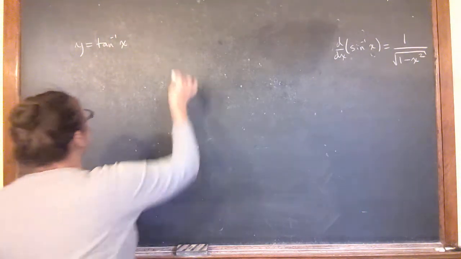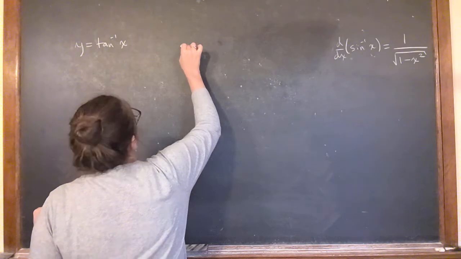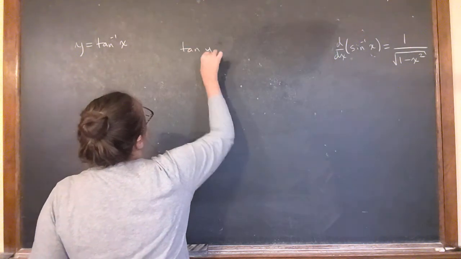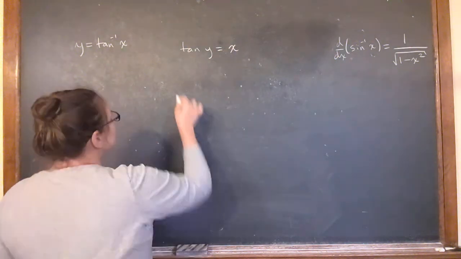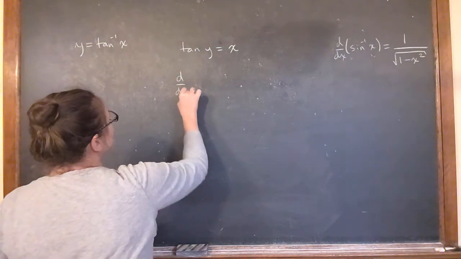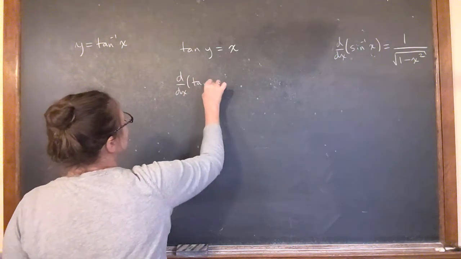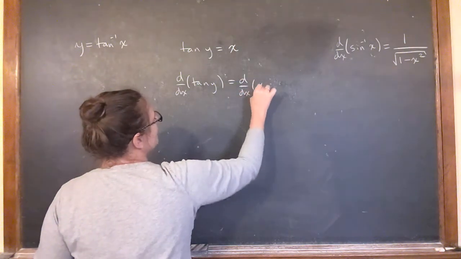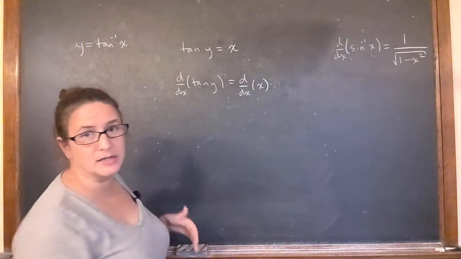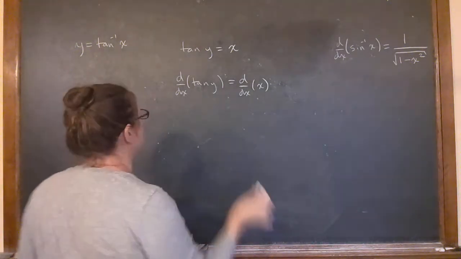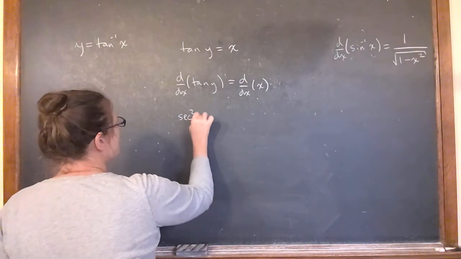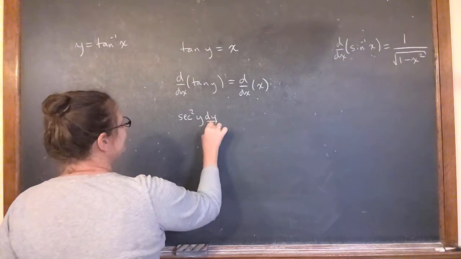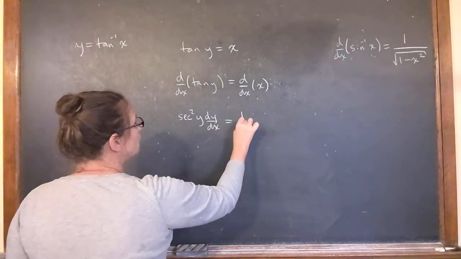We just write it down: tan of y equals x. Take the derivative of both sides. The derivative of tangent is secant squared, so this is secant squared y dy dx equals 1.